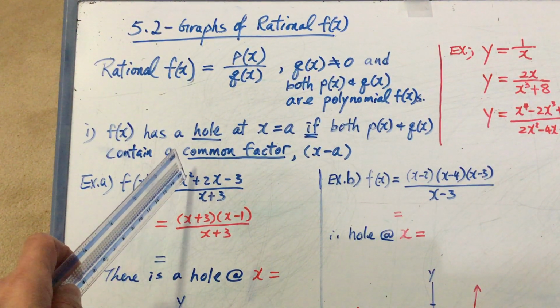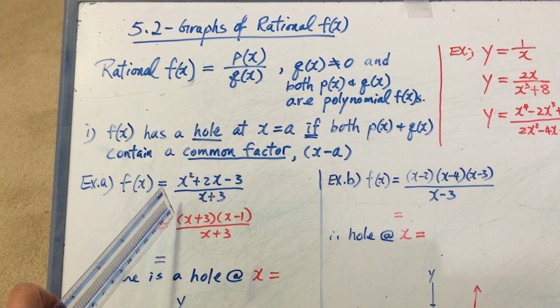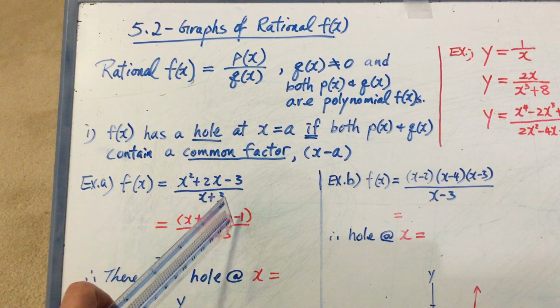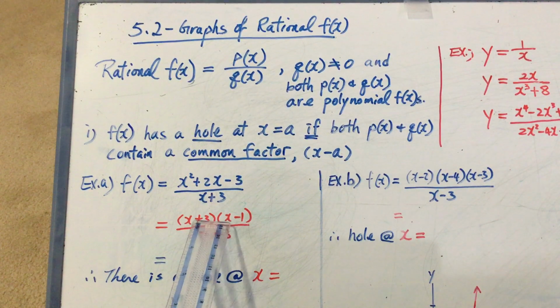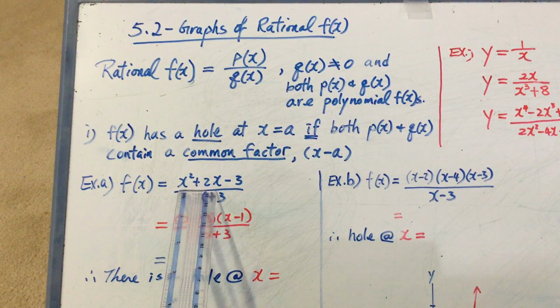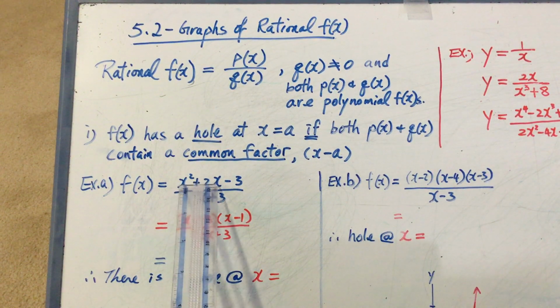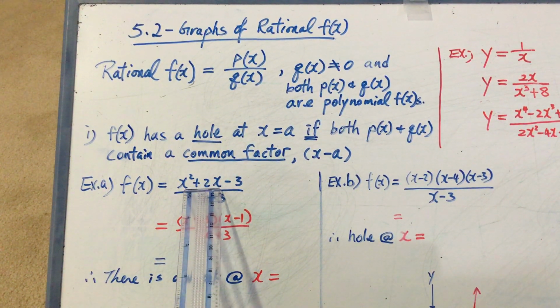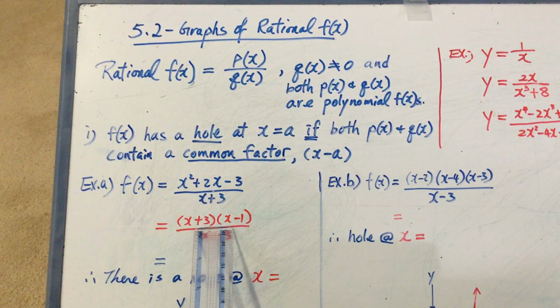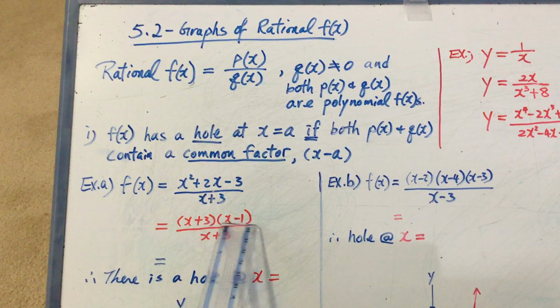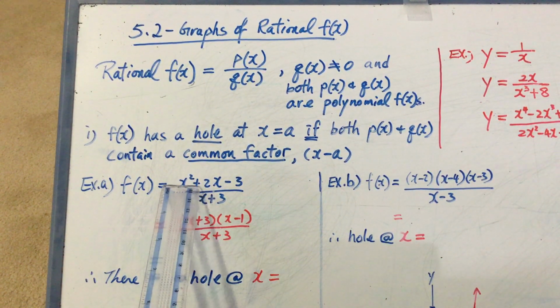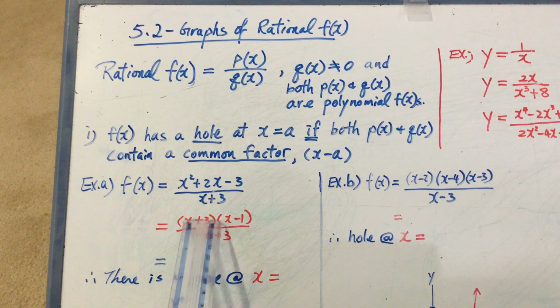So x squared plus 2x minus 3 becomes the bracket x plus 3 times x minus 1. Okay, so you make sure that you factor this properly. Because if something's wrong here, if you don't factor it correctly, then you will get the wrong 0 later on. So you always double check that you factor it properly.